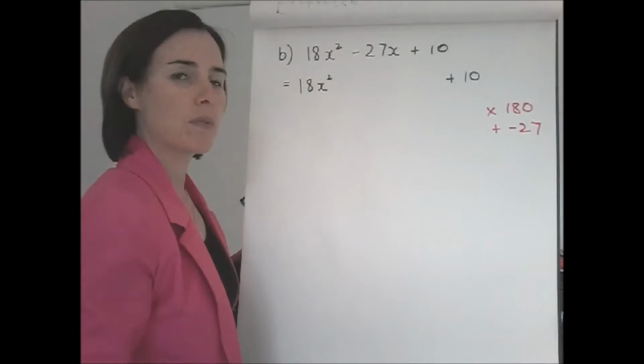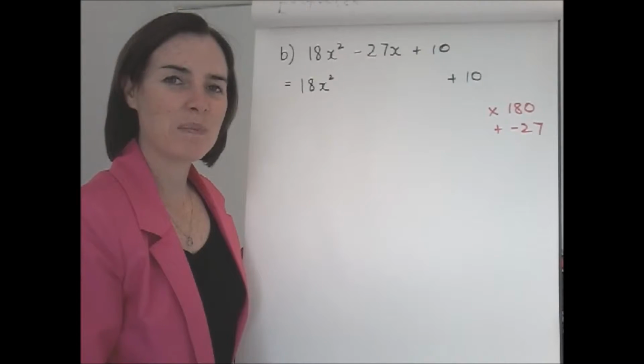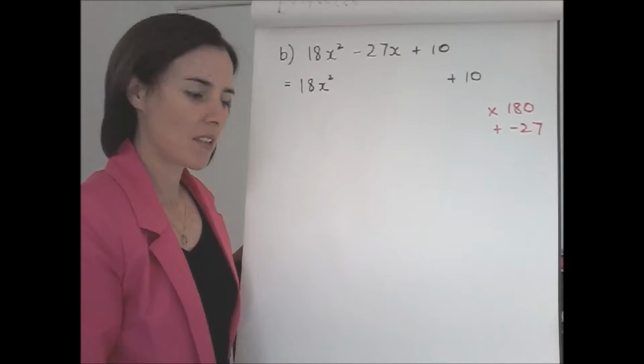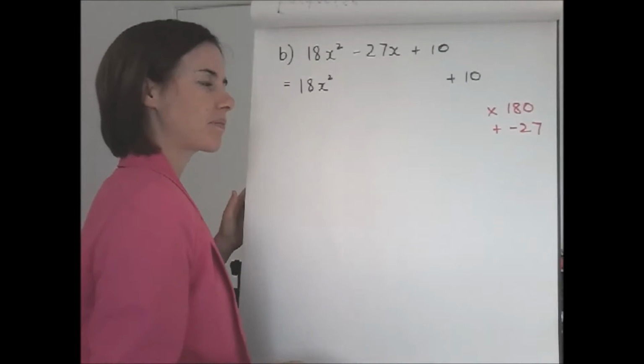If you can think up 2 numbers that do that, I think you're doing very well. It's not that easy to find because the numbers are big, so I'll show you how you can systematically find them.